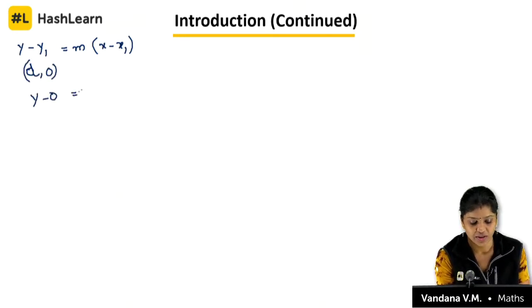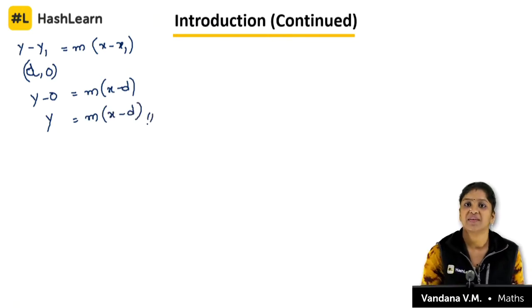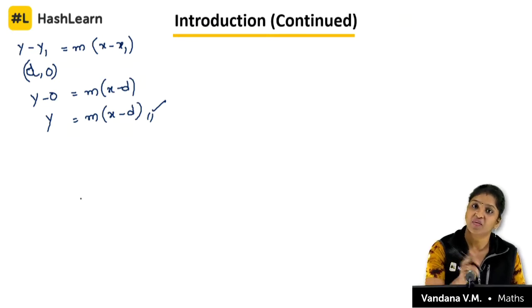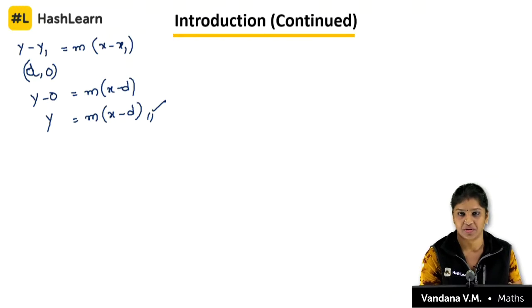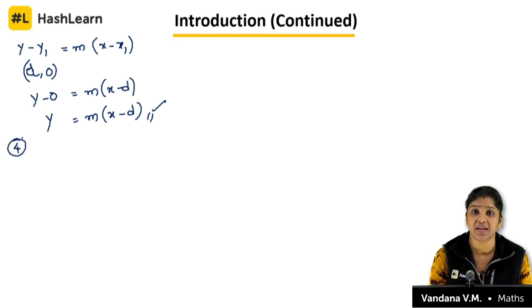Y minus 0 is equal to m into x minus d. So, y is equal to m into x minus d. If they are giving x-intercept, this is the equation. If they are giving y-intercept, y is equal to mx plus c is the equation. Fine.